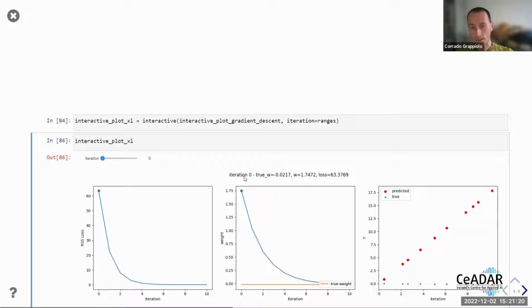So we start at iteration 0. We have these red predictions that are very wrong with respect to the true predictions. This was our initial loss, and this is the value of the weight that we had in our network.